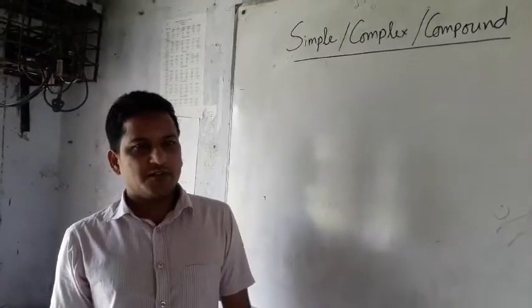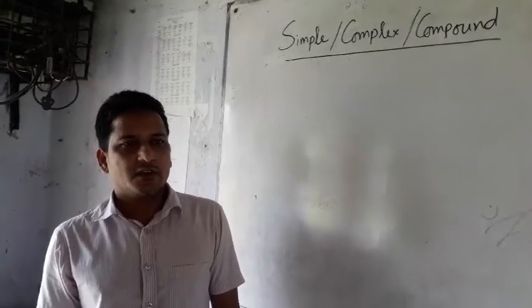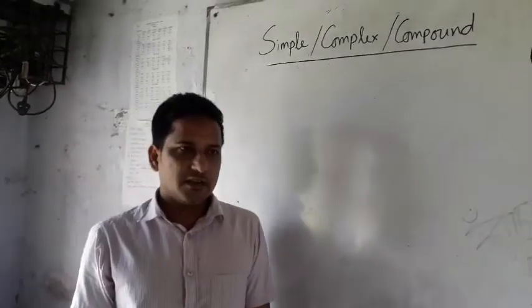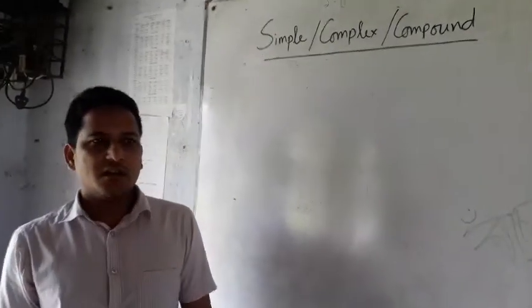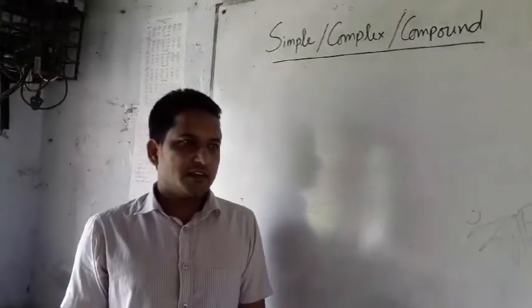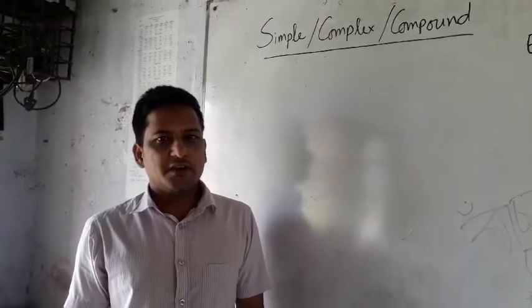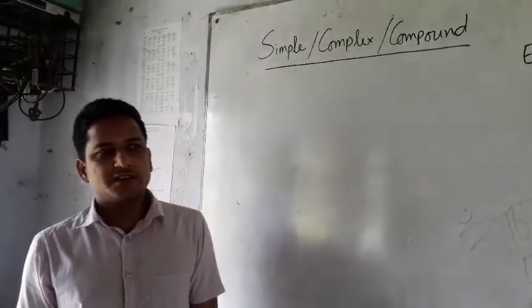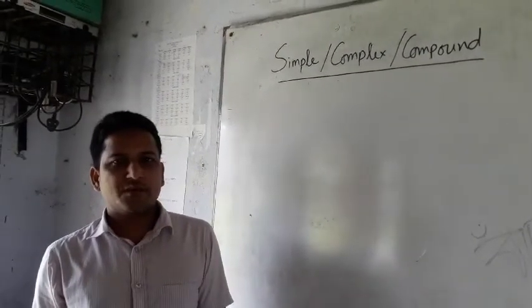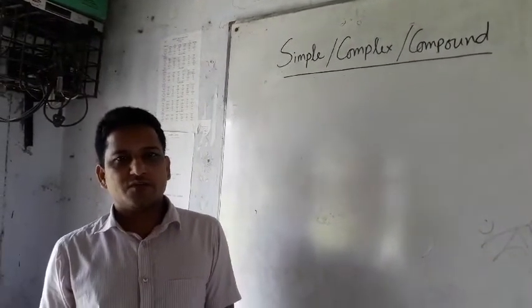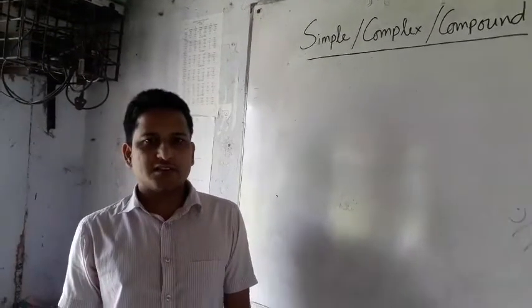Sentences can be classified in 5 categories according to meaning or functions. They are assertive sentence, interrogative sentence, imperative sentence, optative sentence, and exclamatory sentence. Already you have got some idea about these 5 kinds of sentences in your previous classes.